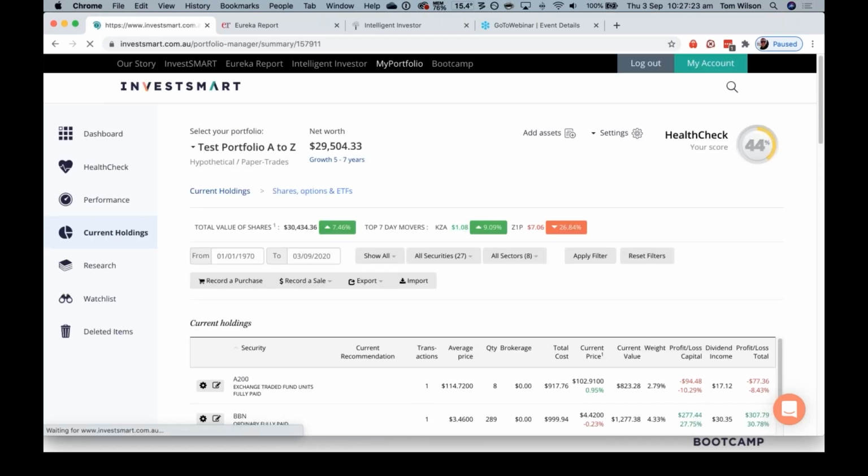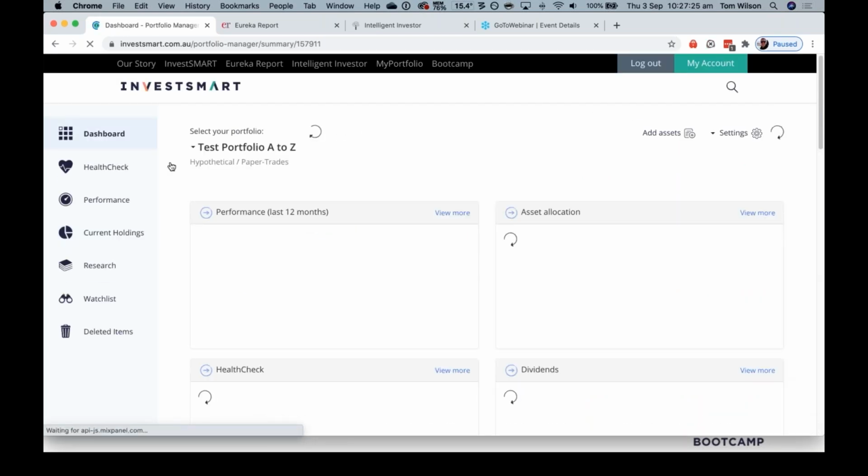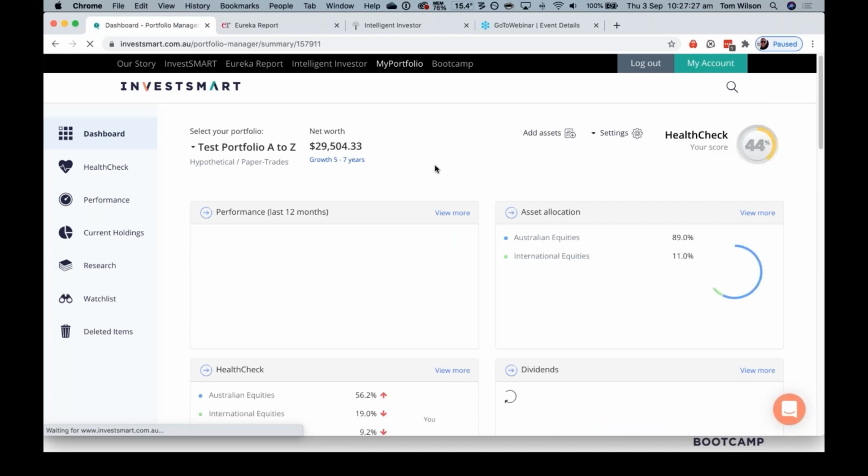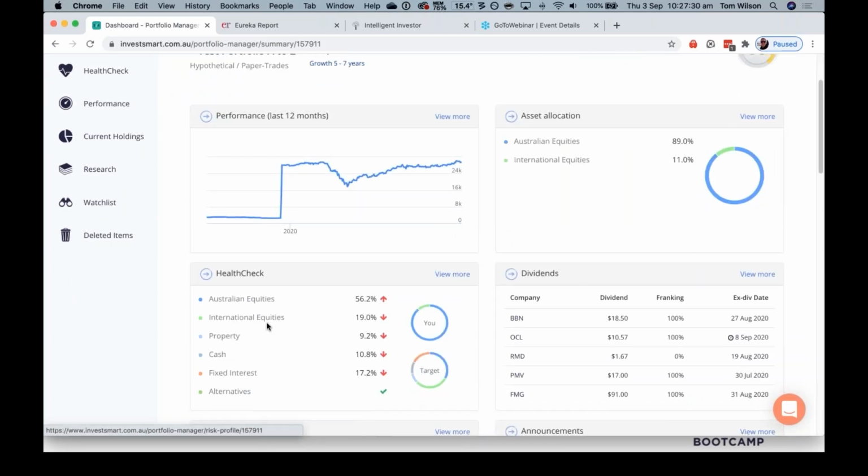But what I can do with this portfolio manager is that it'll actually even break down what holdings have international equity exposure, and it'll give me a list as well. Some of them have exposure to property, some to cash, but you can see with a lot of those, I'm actually underexposed to that area compared to what I should be, which is the target I've chosen here.